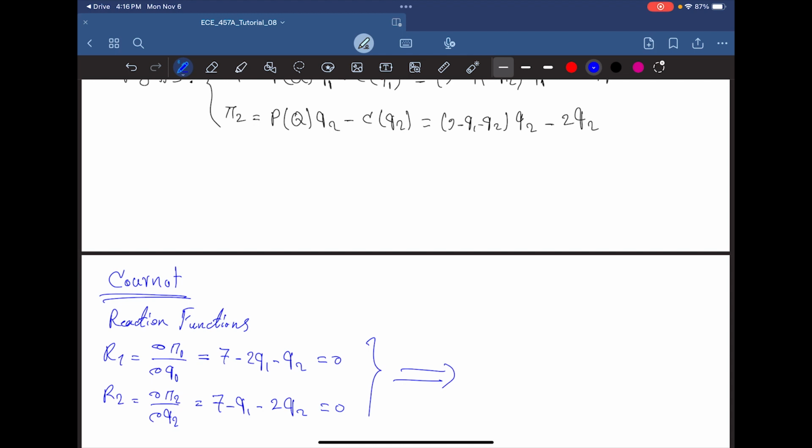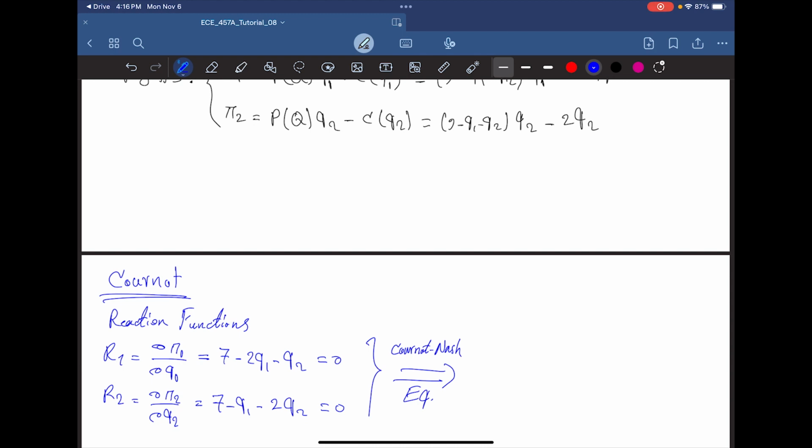And we need to find the Cournot-Nash equilibrium.